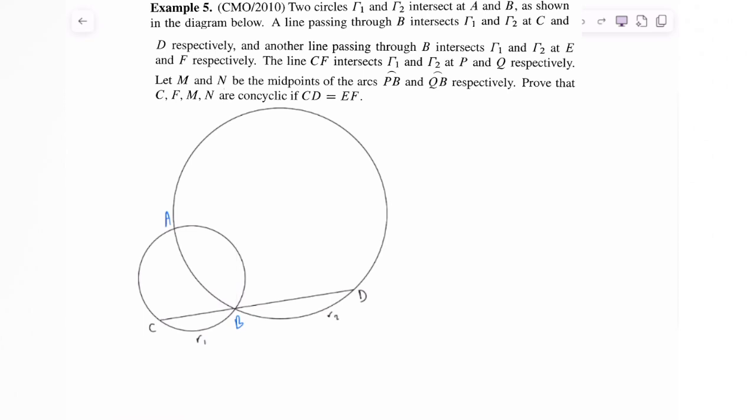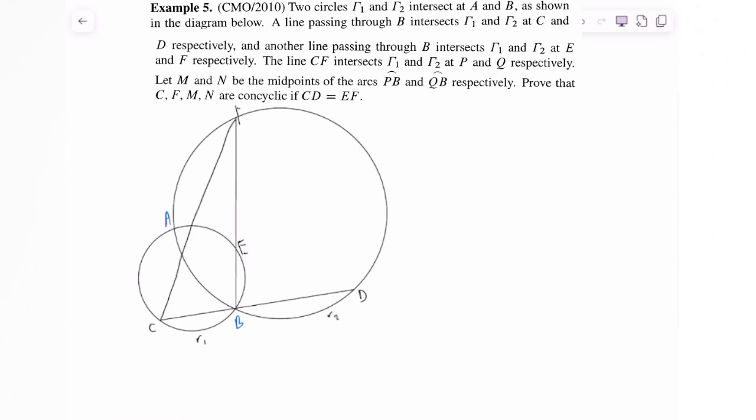Put up the line and start off at B. So E and F, okay. The line CF intersects R1 and R2 at P and Q respectively.